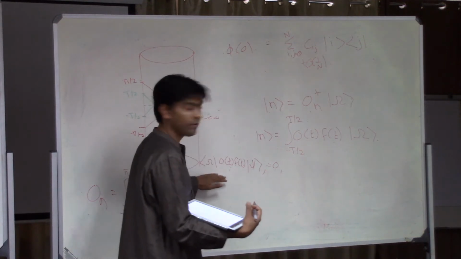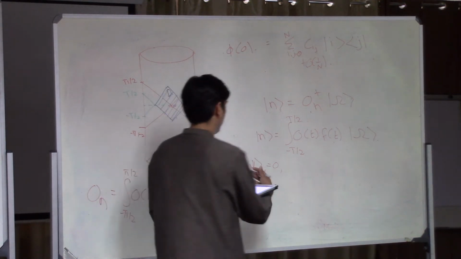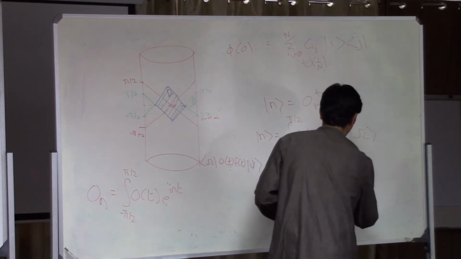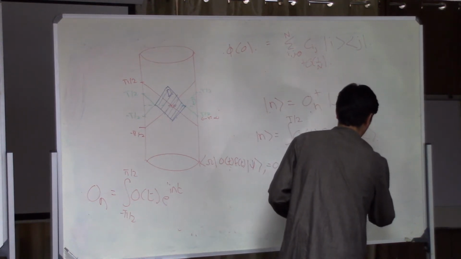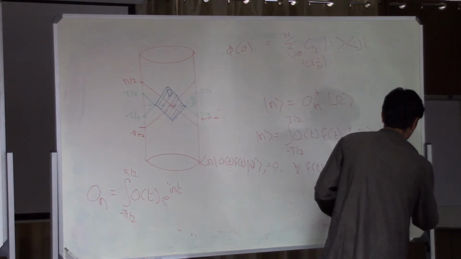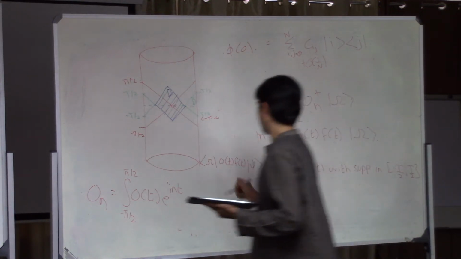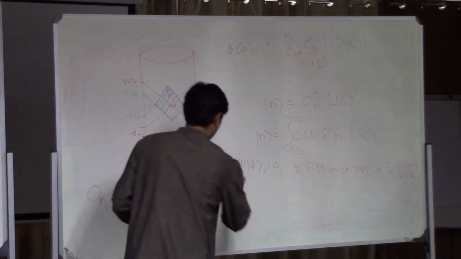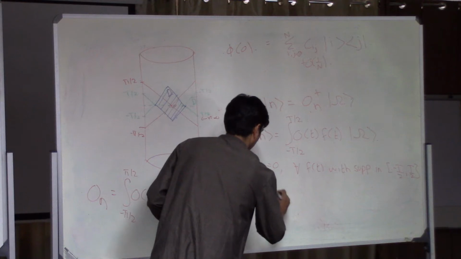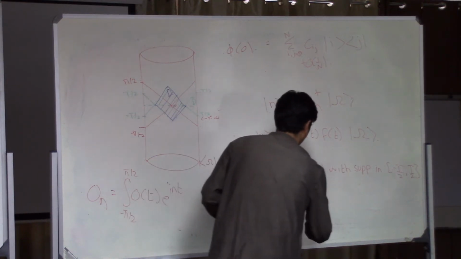Therefore, this inner product is 0 for all f of t with support in minus pi by 2 to pi by 2. Okay. So in particular, this must mean that <Omega|O of t|psi>, whatever the state psi is, is equal to 0 for all t in this range.